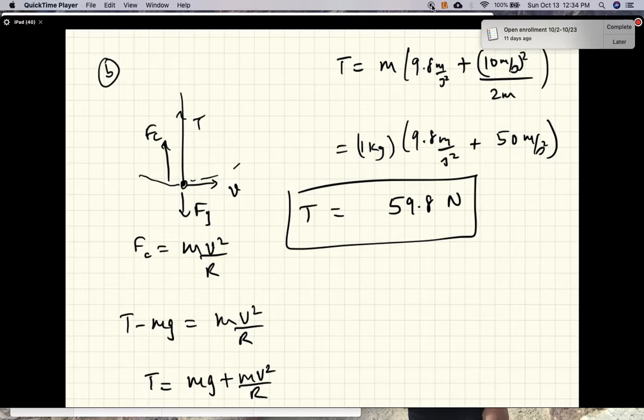And similarly, okay, we'll add another page for the top. At the top, there is v, and this time the force of gravity and tension are acting in the same direction, and them combined provide the centripetal force.